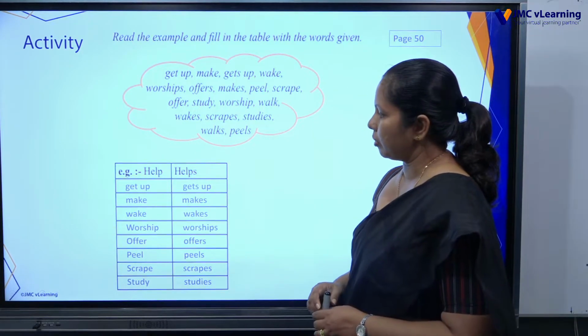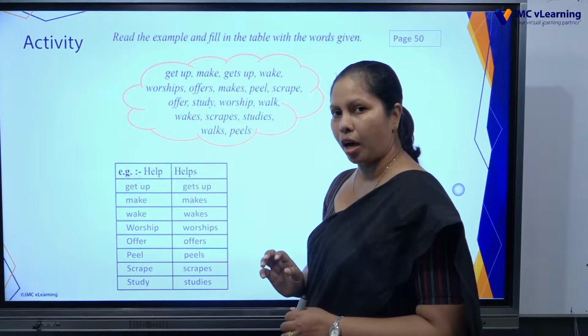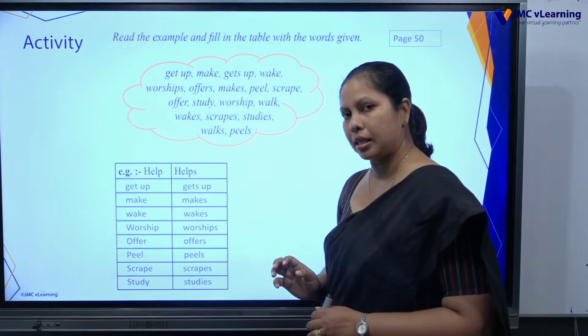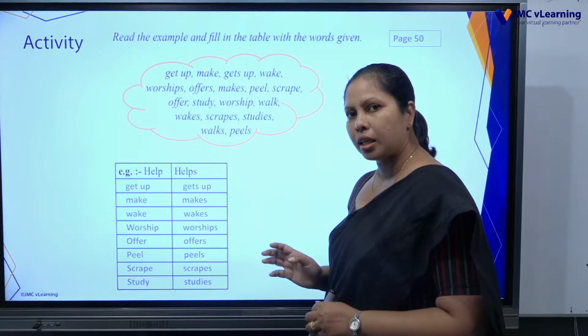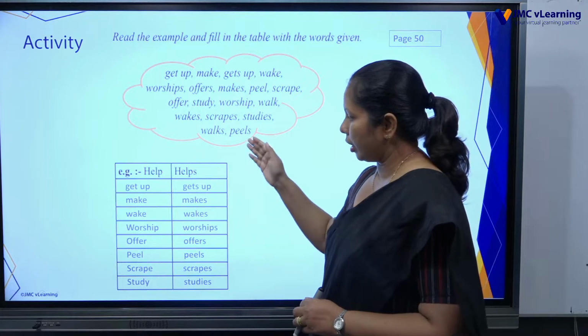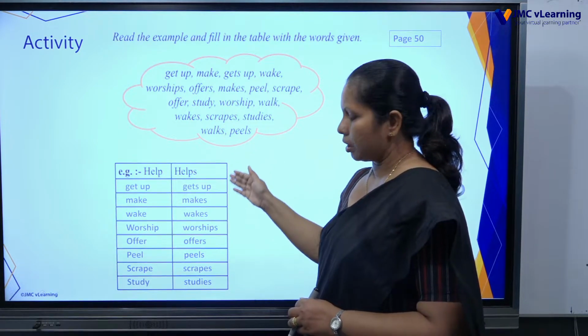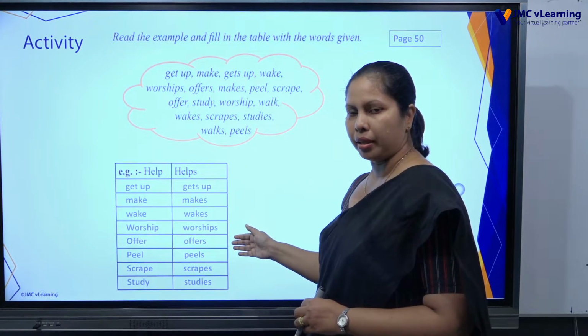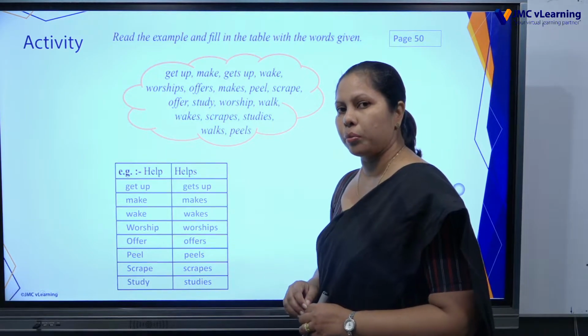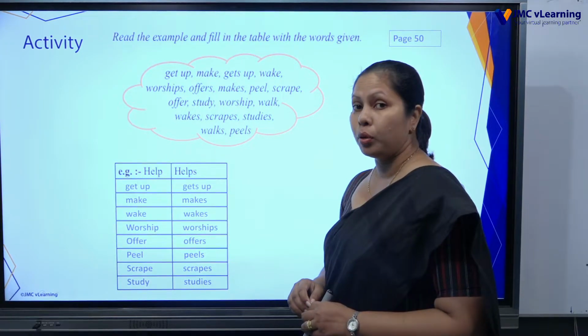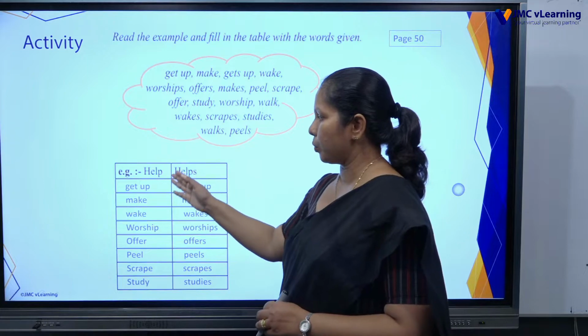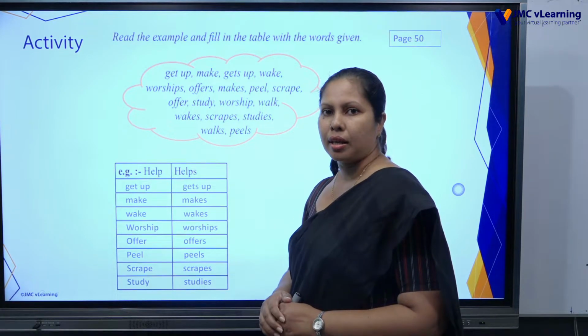Remember, if the noun or the pronoun in the sentence is in the singular form, then we use the verbs in this manner. But if the noun or the pronoun is in the plural form, then we use the verbs in this manner.